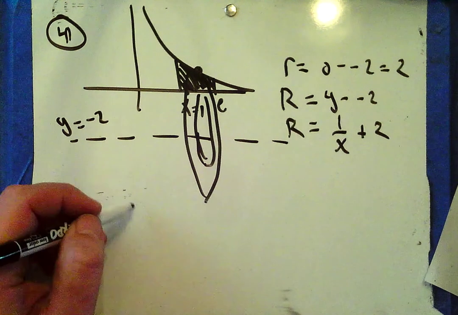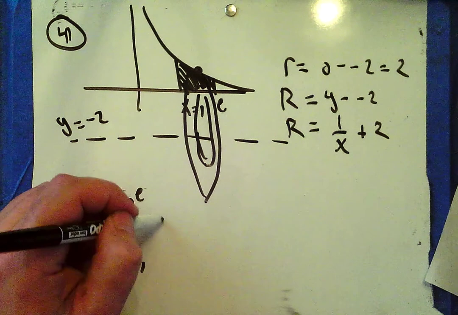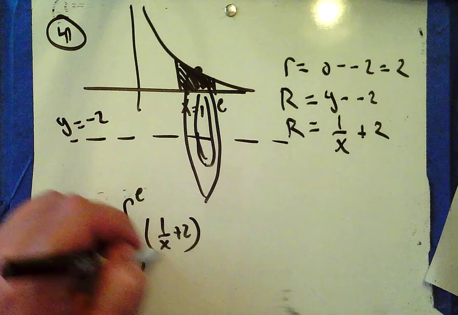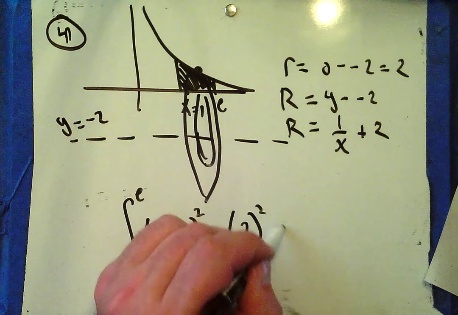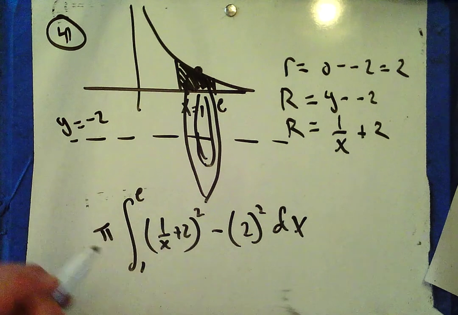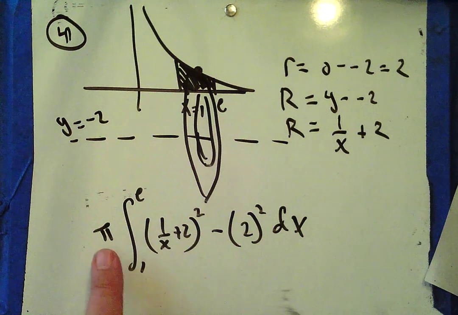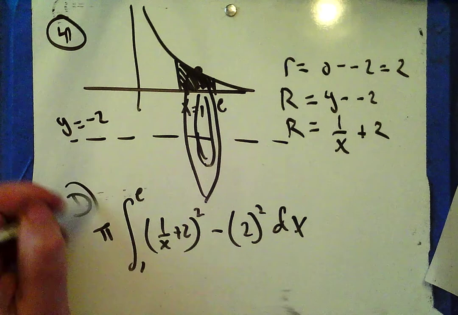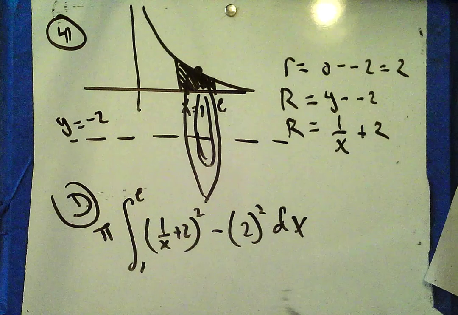So my integral from 1 to e of (1 over x plus 2) squared minus 2 squared dx. And don't forget the pi out in front. So that's a 4, that's a that, that's a that. This looks like choice D. Choice D for number 41.